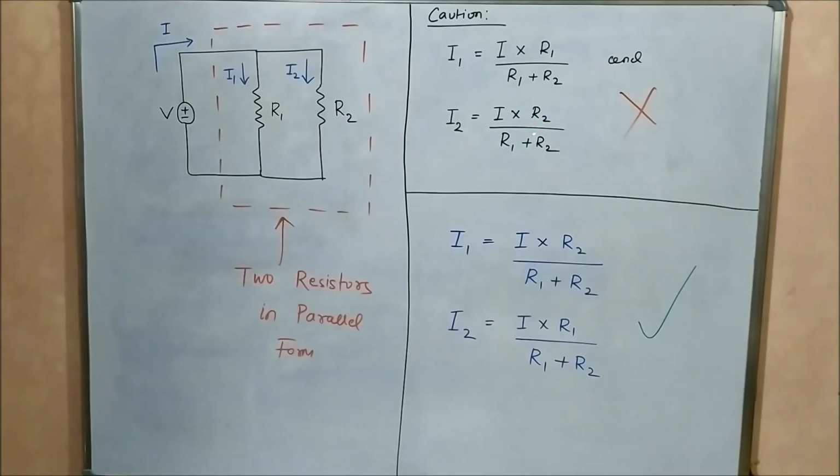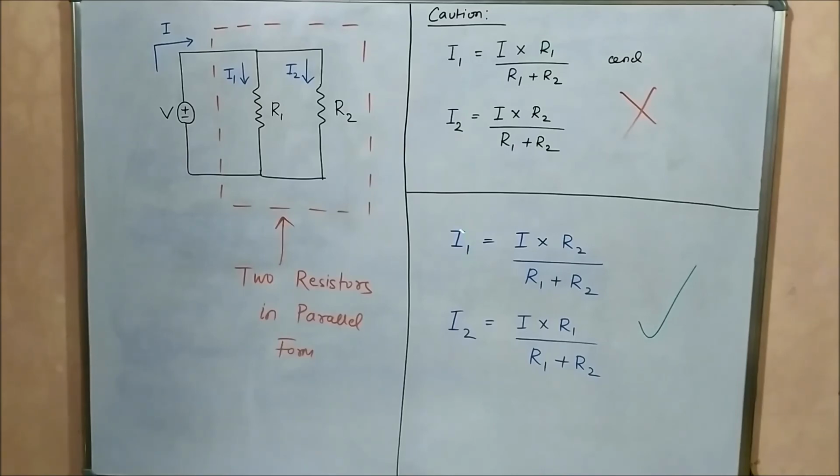Most of the time students make this mistake, but actually this is wrong. I1 is equal to I into R2 by R1 plus R2, and I2 is equal to I into R1 by R1 plus R2. So the trick here is that the total circuit current is multiplied with the opposite resistor, the other resistor, not the same resistor.